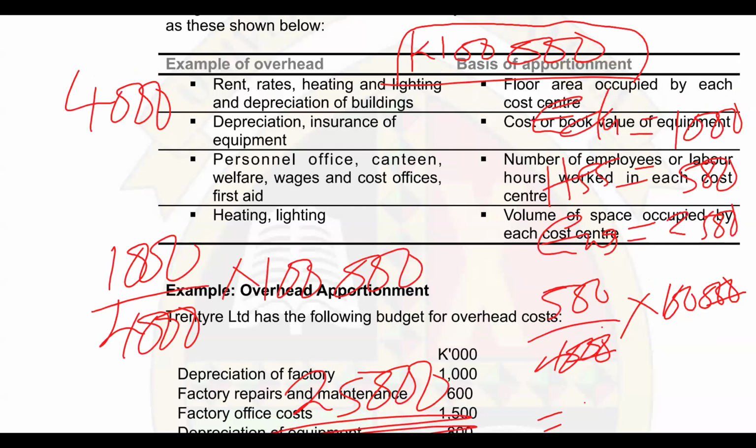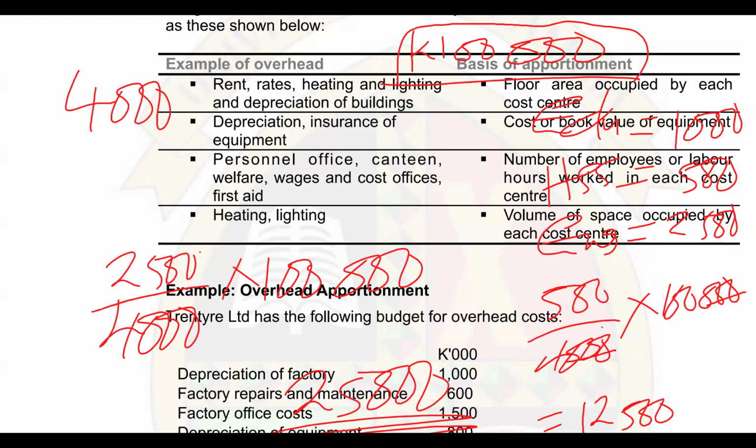Then Engineering will be 2,500 divided by 4,000 times 100,000. We are sharing this 100,000.